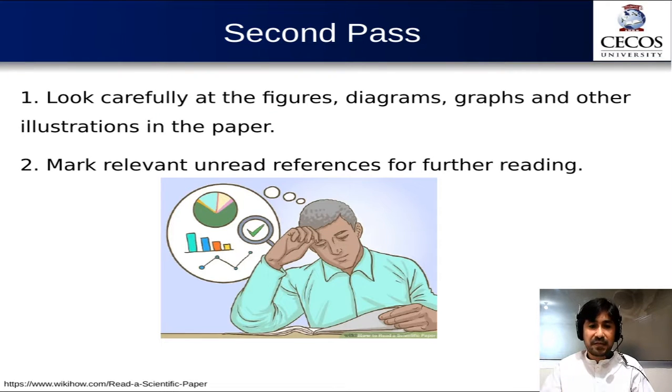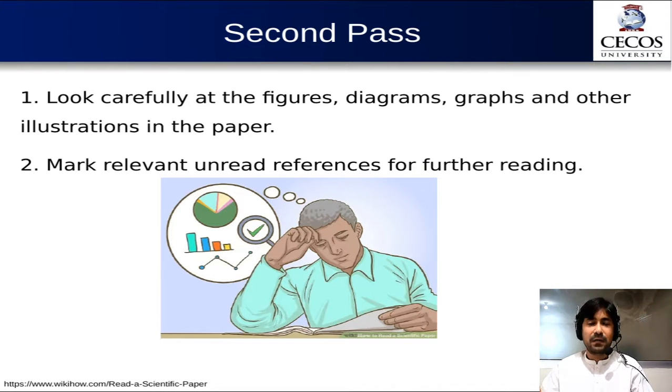In the second step, you have to go a bit deeper, not that much, but a bit deeper. So you have to carefully look at the figures, the diagrams, the charts, the graphs, the tables, or other illustrations in the paper like algorithms, etc. Here you can also highlight the most relevant references which you think are relevant to your work or would help you in the future.